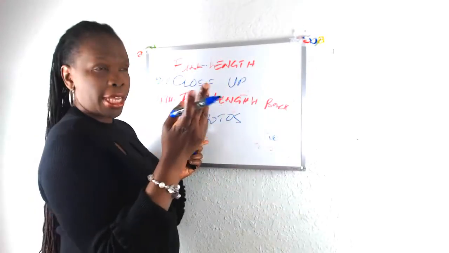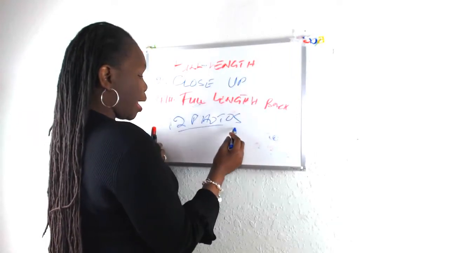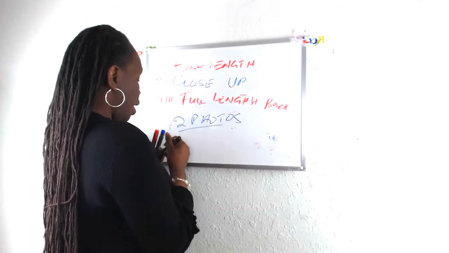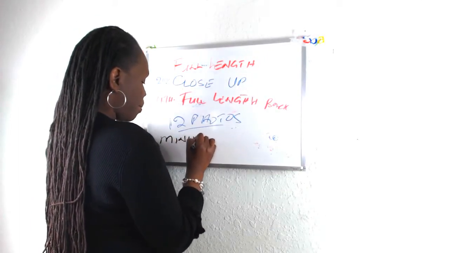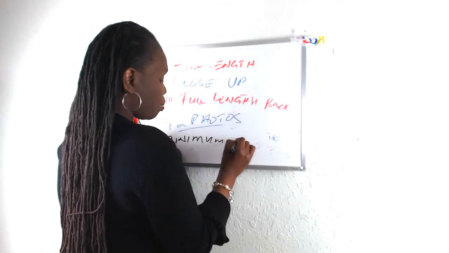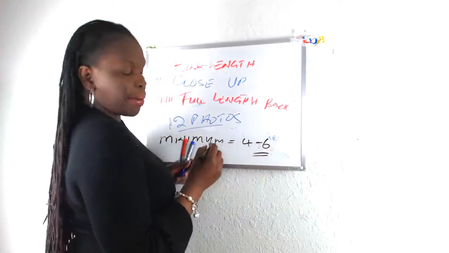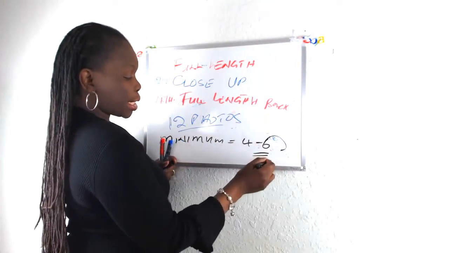If you're on Poshmark, I think it's now 8 photos. So you can use up 12 photos, but try not to upload too few. Try to make your minimum 4 to 6. Absolute minimum. I never do less than 6 photos.